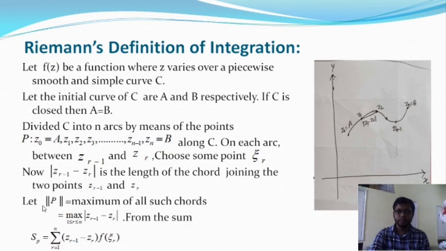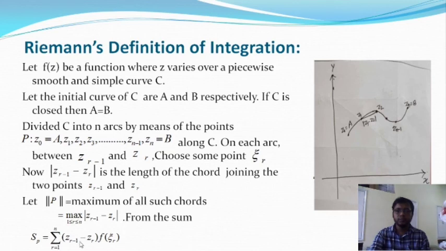Now let norm of P, which is called the norm function, be equal to the maximum of all such chords. There are n chords and all chords are not equal. So norm of P is equal to the maximum of all chords, which is the max over 1 less than or equal to r less than or equal to n of modulus of zr minus 1 minus zr.